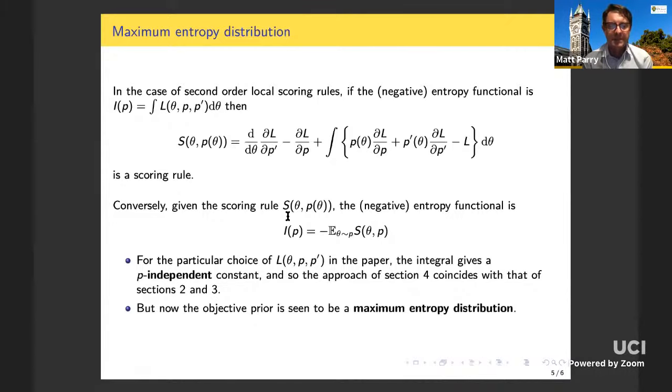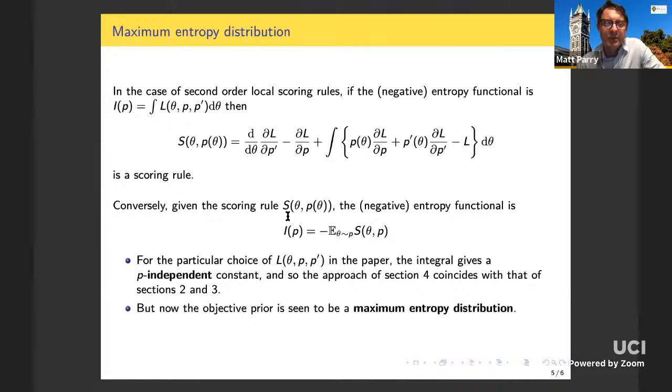So they're linked together. I guess what I'm trying to say is that, actually the first point I want to make is so we can see in this context that solving the Euler-Lagrange equations is actually just saying we want to maximize the entropy. And so objective priors defined this way are actually going to be maximum entropy distributions.